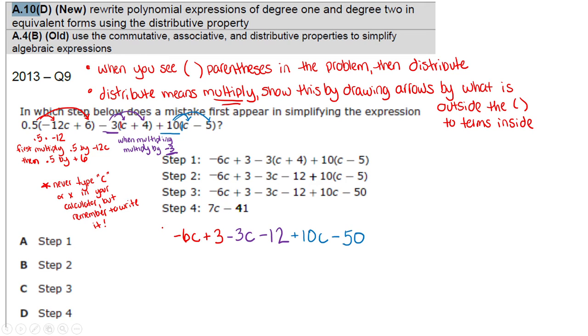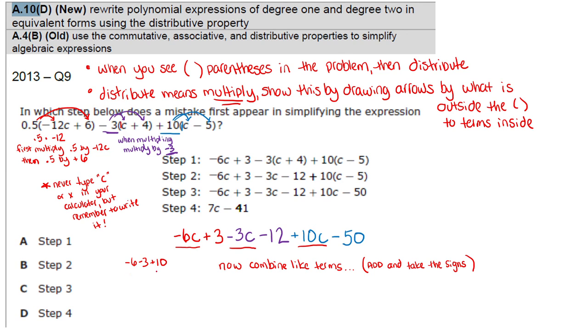But let's finish the question by combining our like terms. Our like terms in this question are negative 6c, negative 3c, and 10c. Now, notice how I said each one of these were negatives by themselves, or at least the first one and the second one are negative by themselves.